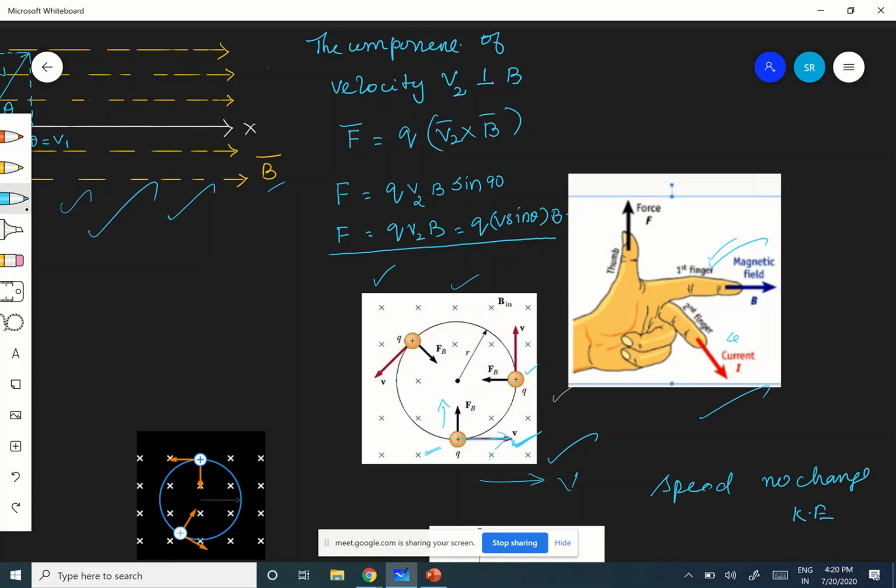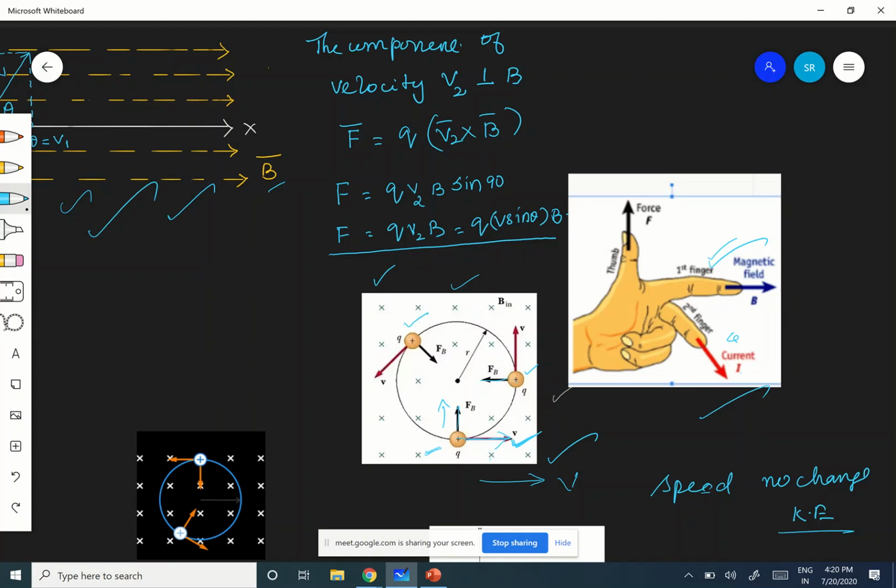Perpendicular force does not have any influence on the speed, and hence on the kinetic energy, half mv squared, of the particle. But what it does is continuously change the direction of motion of the particle.